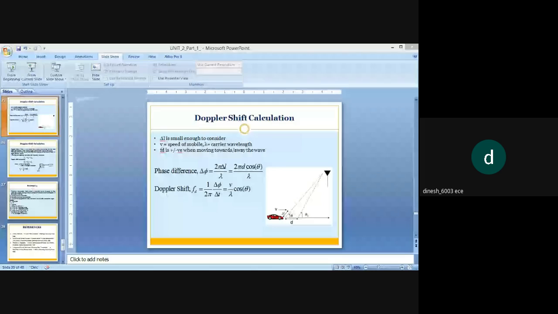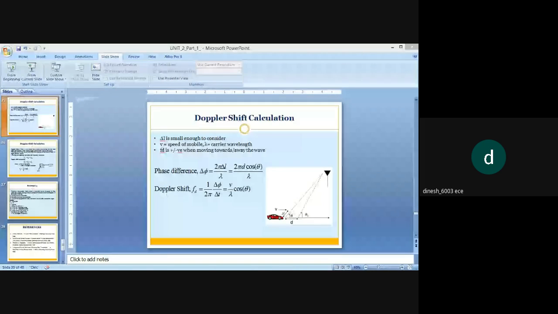For A and B, assume cos theta is 1. Then we get some value. FC plus FD is the carrier frequency when moving towards the transmitter, and FC minus FD is the frequency when moving away from the transmitter.